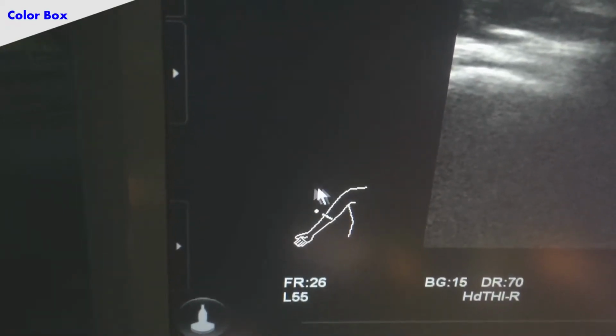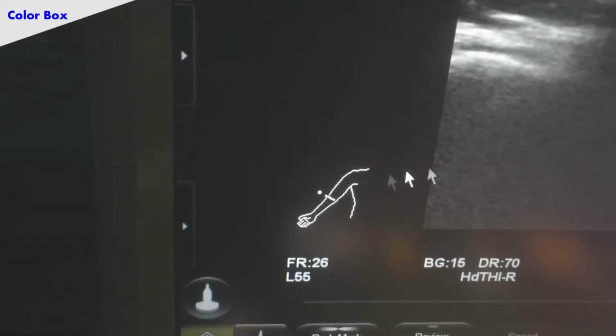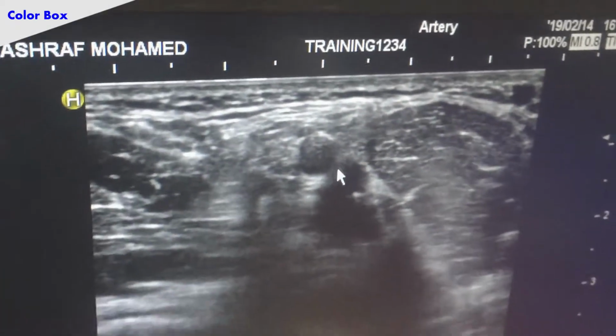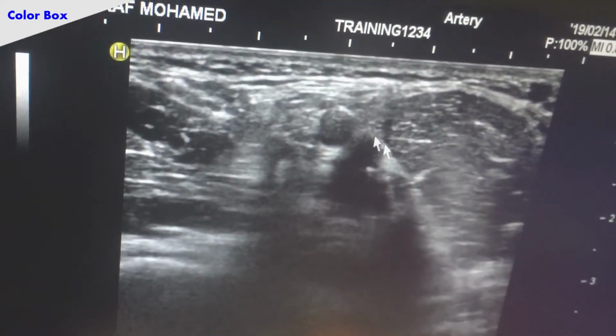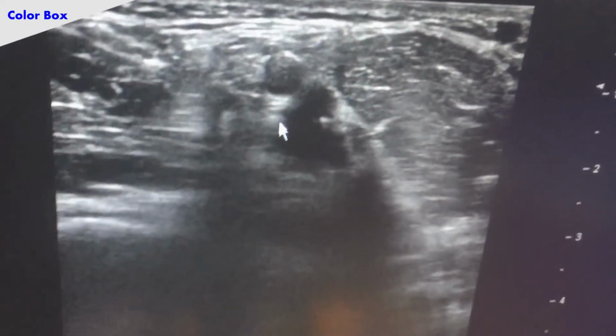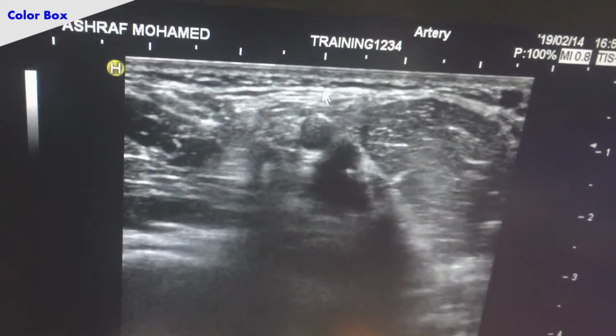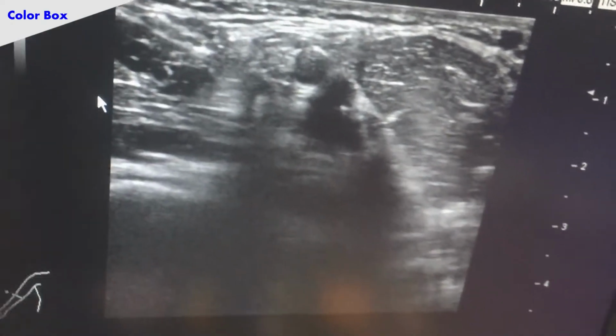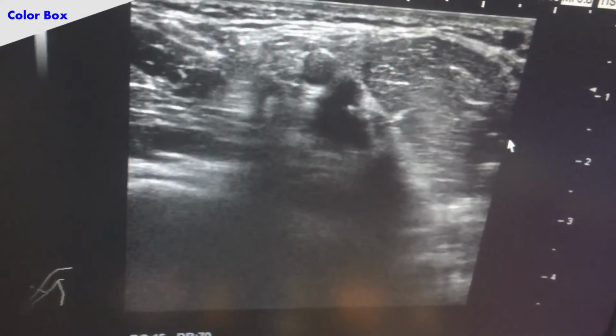By this picture or diagram, I know that this area is the right upper limb, transverse view, black and white ultrasound, and this is anterior, this is posterior, this is lateral, this is medial.